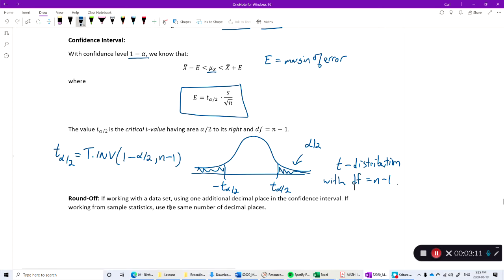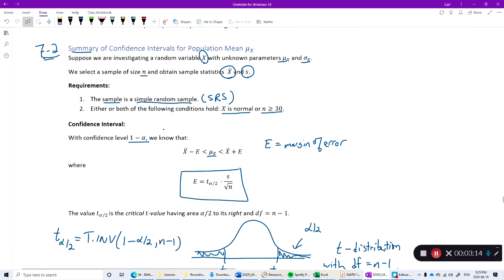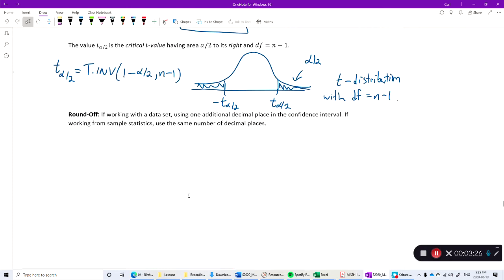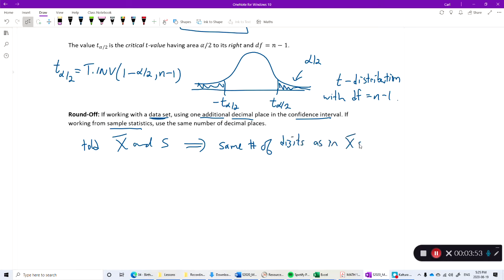Okay. Now, once we get this interval, we will want to round it off somehow, right? So there's no ideal answer here, but the convention is that if we're working with a data set, like a list of numbers, then we'll use one additional decimal point in the confidence interval. If we're working with sample statistics, like if we're just told x bar and s, then we use the same number of digits as in x bar and s.